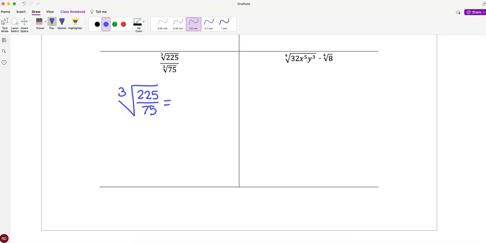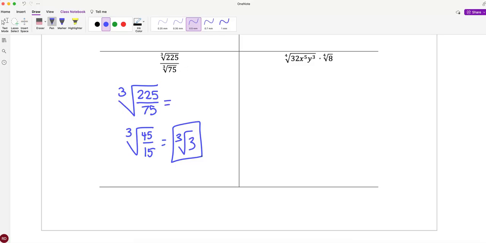If I simplify this, when I divide by 5, 5 will go into there, 45, so it's cube root of 45 over 15, which is just the cube root of 3. And no further simplifying because 3 is not a perfect cube.